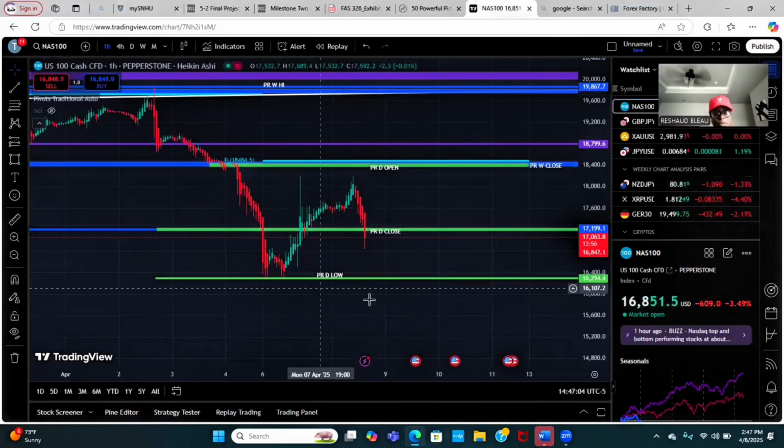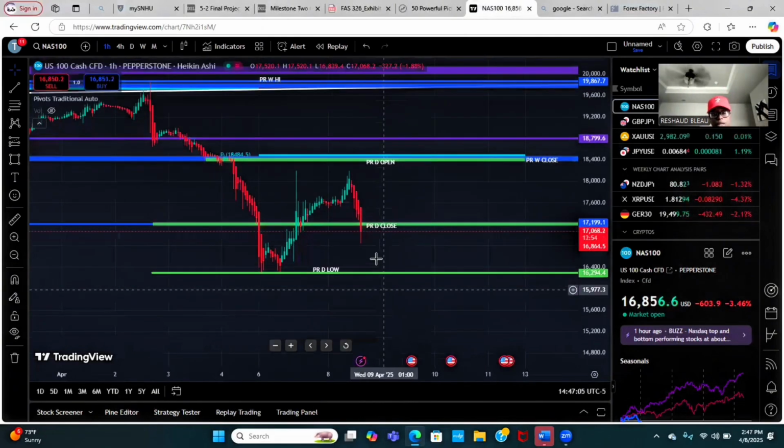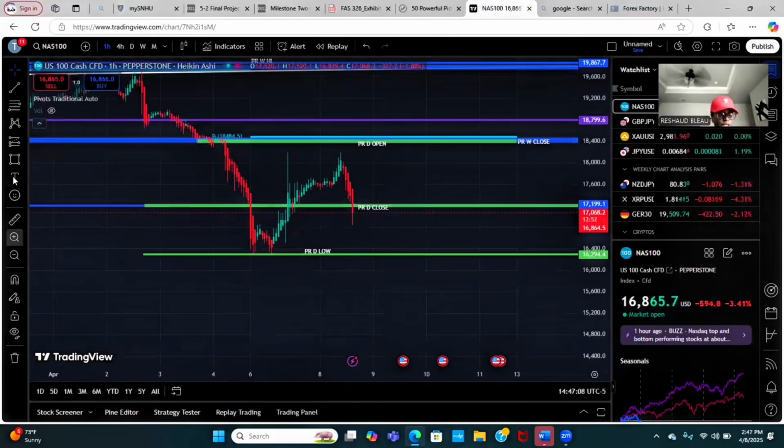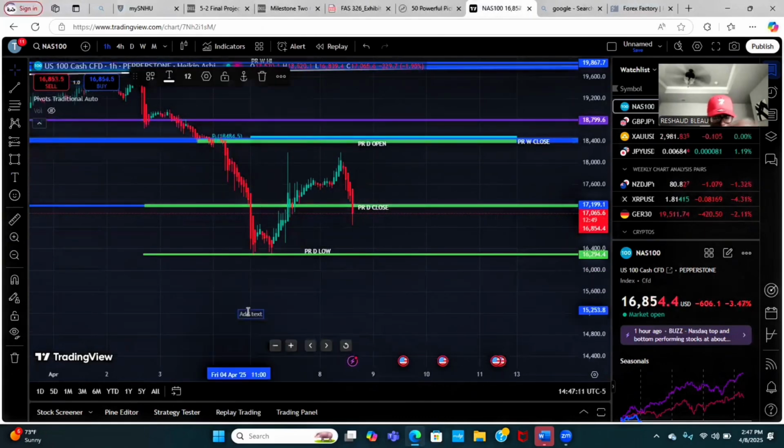If price comes back down to the previous daily low and breaks the previous daily low, we're finding an entry to get in. So if price breaks below the previous daily low, we are looking for the sell.